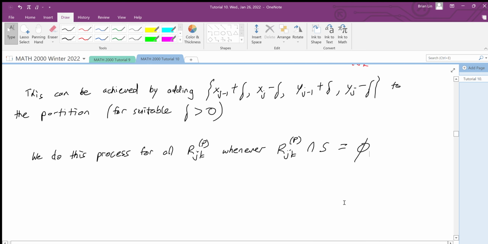So we make a quick note. There are only finitely many R_jk^P. So without a loss of generality, we can assume that the deltas are all the same value because we could just take the minimum of them.